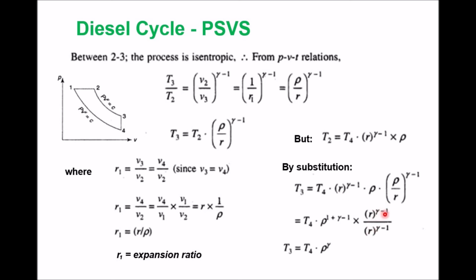R raised to gamma minus 1 divided by R raised to gamma minus 1 is equal to 1. So what we have now is T3 is equal to T4. Then if you simplify the exponent of the cutoff ratio rho, 1 minus 1 is equal to 0. So what remains is gamma.